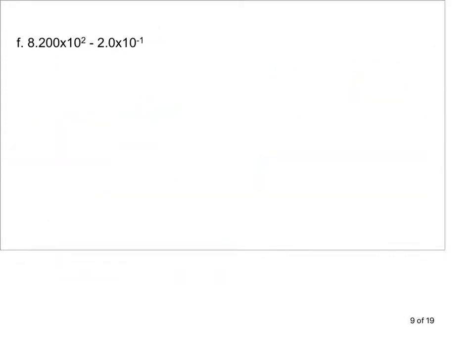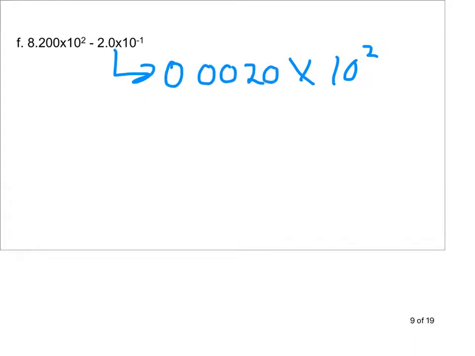And F, another subtraction, got a second and a -1. So we want to make this one to the bigger one, so 10 to the second. That's 3 spots, so it's going to be 0.0020.